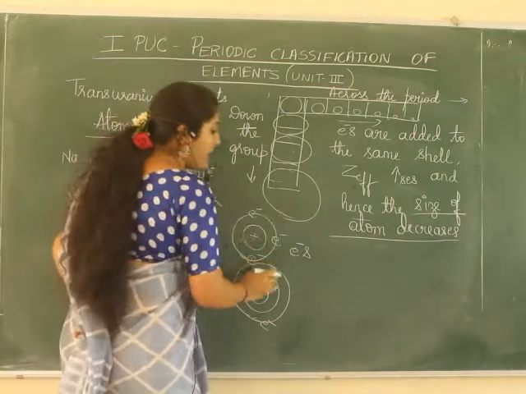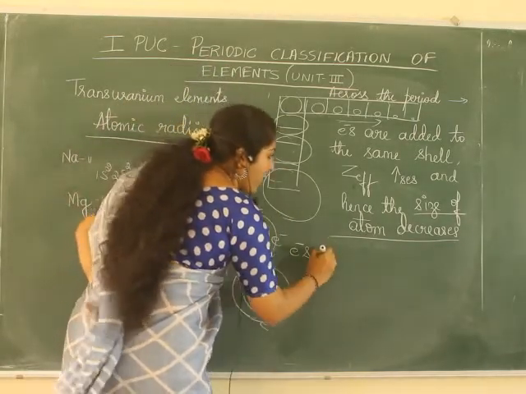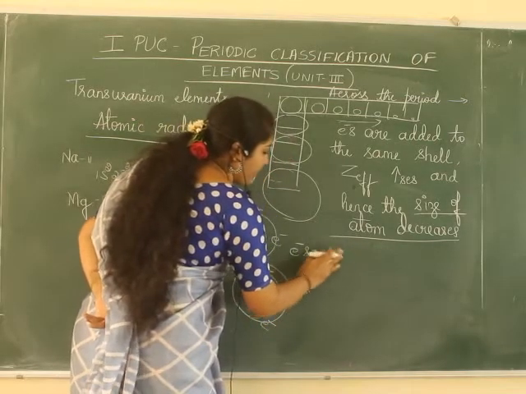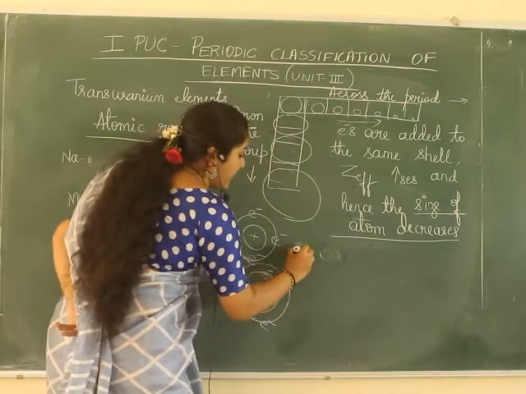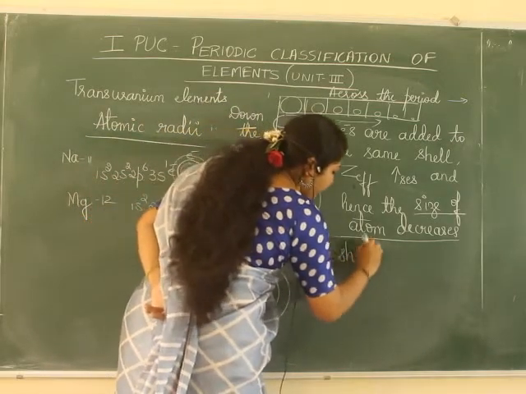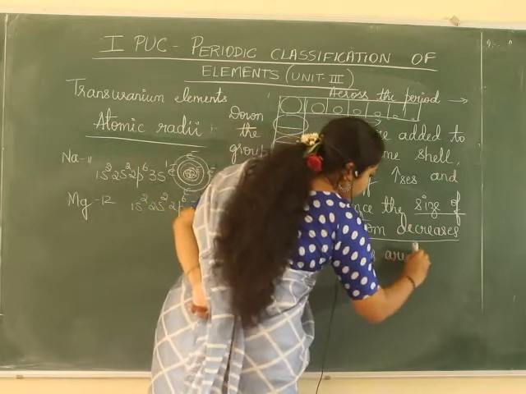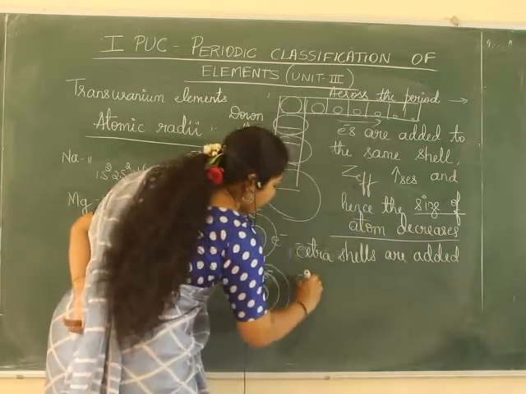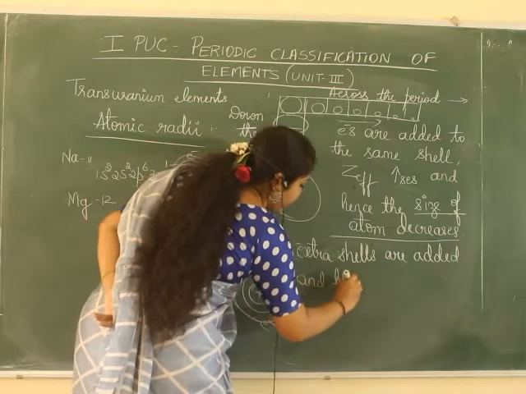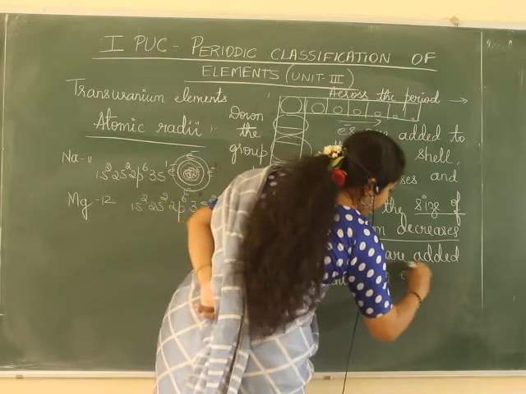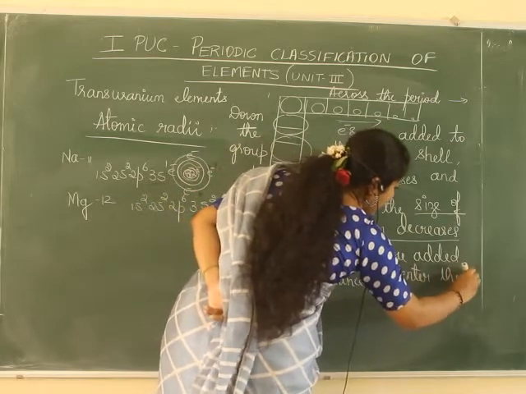Here you have to say, down the group, extra shells are added, and hence electrons enter those shells.